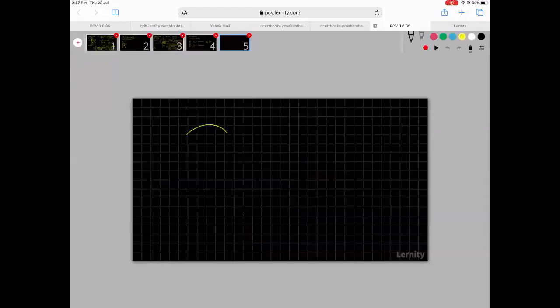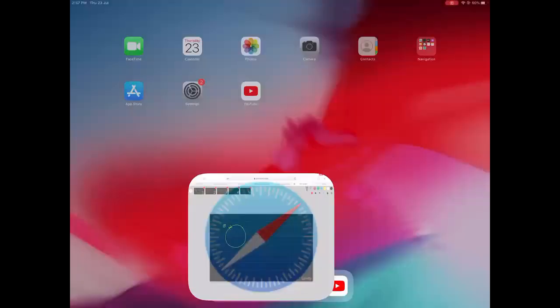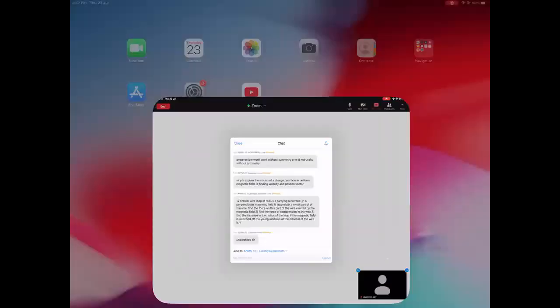So you have a circular coil of wire, and there is a perpendicular magnetic field. Now, if I take this small portion, there is going to be a force on it. What is the direction of the force? Let me see the question once again. They want you to find the force exerted on this part of the wire by the magnetic field.